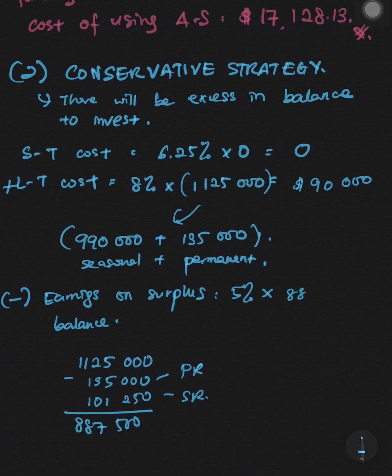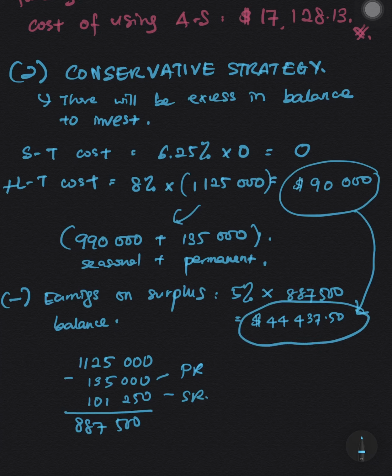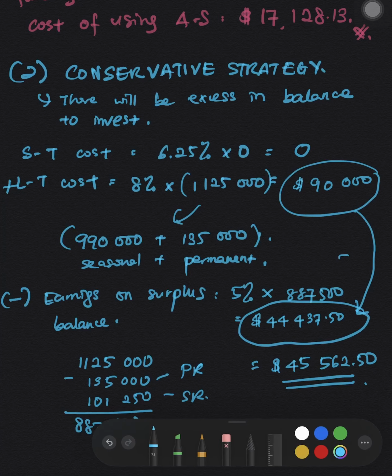So 5% of 887,500 equals 44,437.50. We subtract this, and we get 45,562.50.